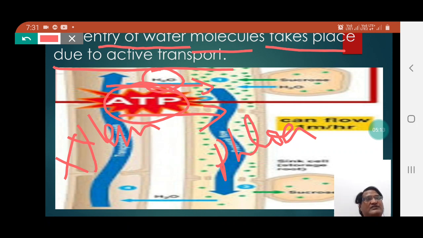And students, such type of movement of molecules from xylem to phloem by the expenditure of ATP is called active transport.